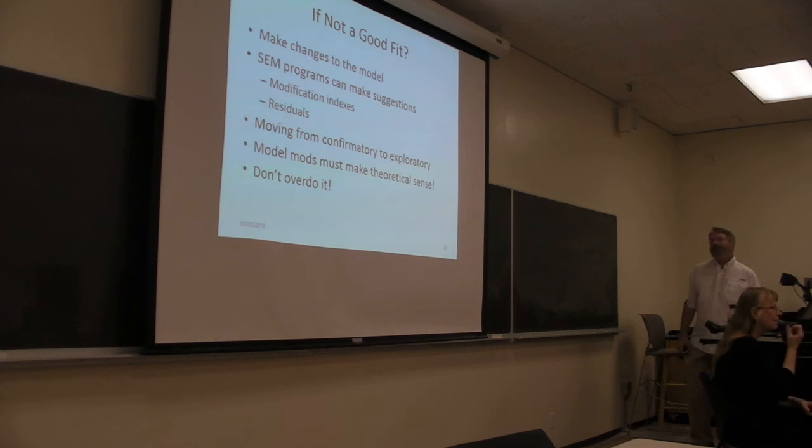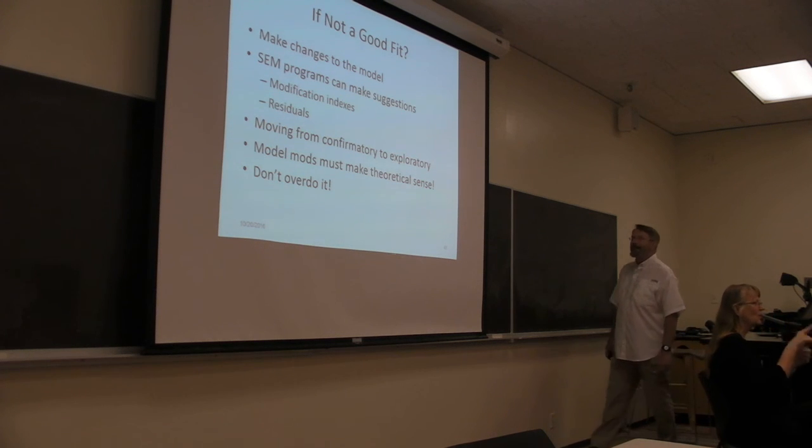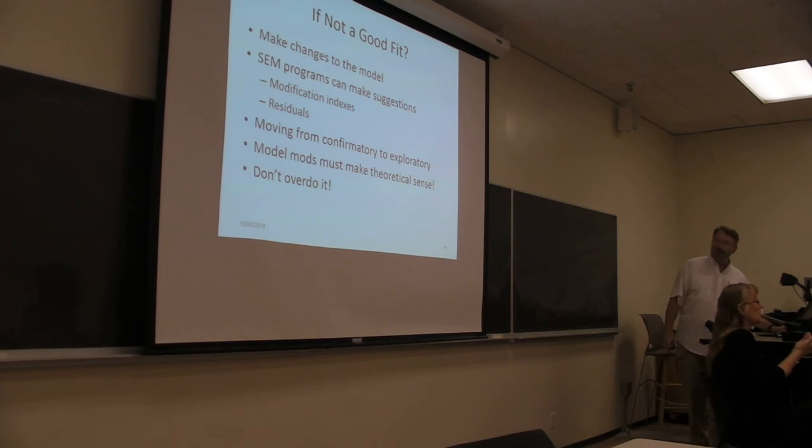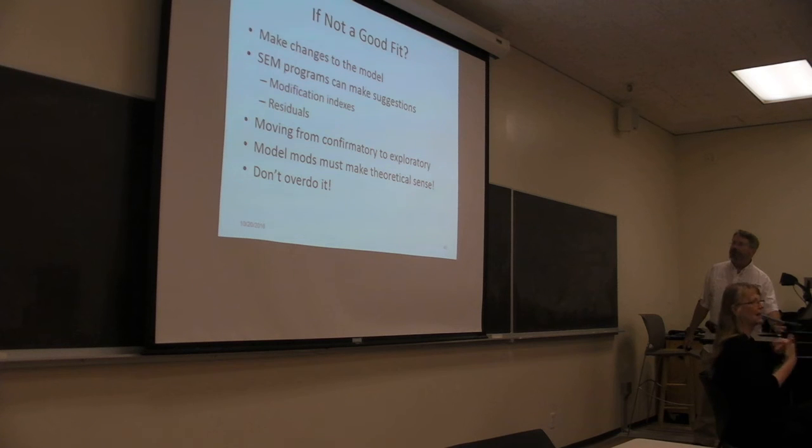Okay. Well, what do you do if you don't have a good fit? And oftentimes, especially if you're starting out in a new area of research, you'll wind up with a model that does not have a good fit. Well, generally speaking, what happens is you make changes to the model. And in fact, the structural equation modeling programs can help you do that through some more detailed fit statistics.